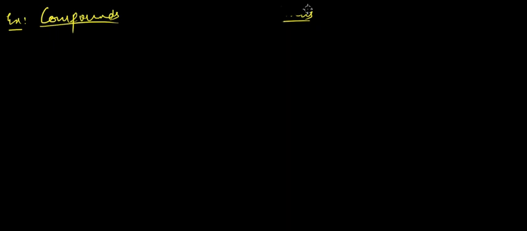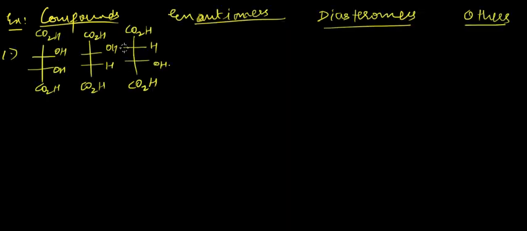So let us define what all are enantiomers. Clearly 1 and 2 are enantiomers, and what are diastereomers? To maintain continuity, let us call these compounds 4, 5 and 6. So what all are enantiomers? 4 and 5 are enantiomers, and the diastereomers are the remaining pairs, 4, 6 and 5, 6.